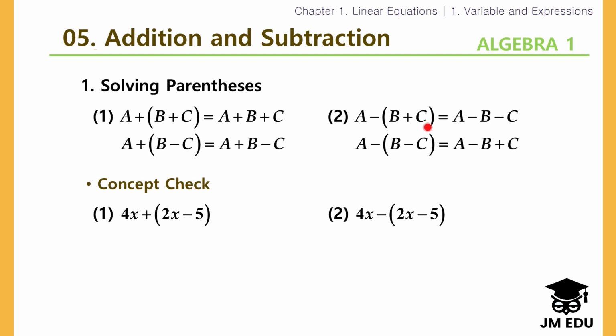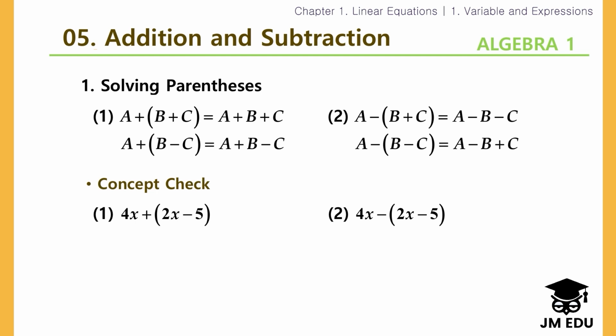Second part, we have a minus parentheses b minus c, right? This time, that's going to be a minus b, because minus times b is minus b. And minus times minus c, negative times negative gives us positive, so that's going to be plus c. Does that make sense? Okay, so let's try these concept check problems.